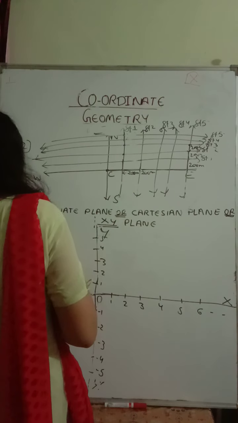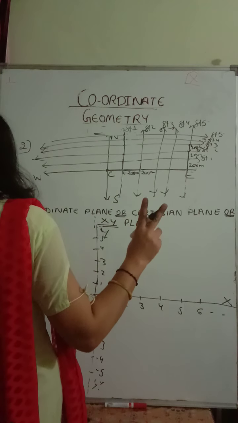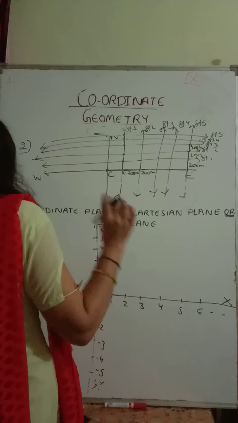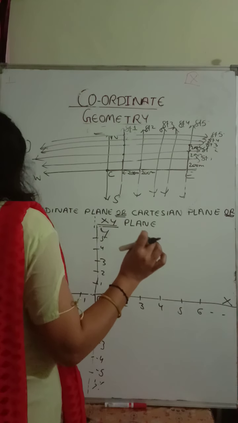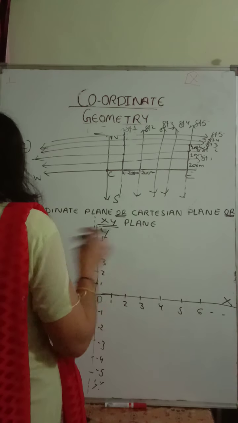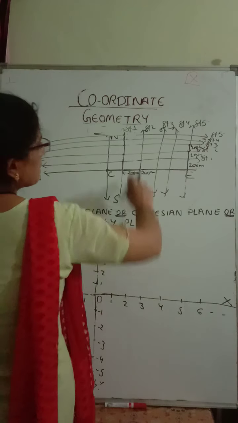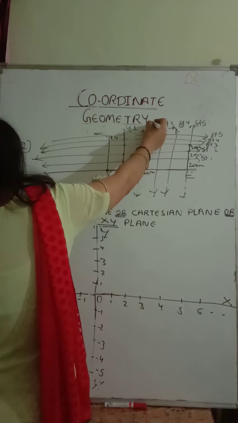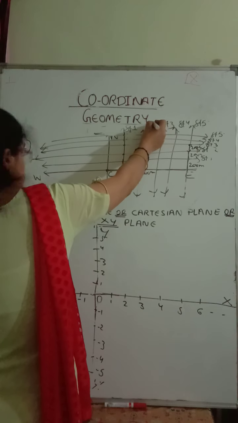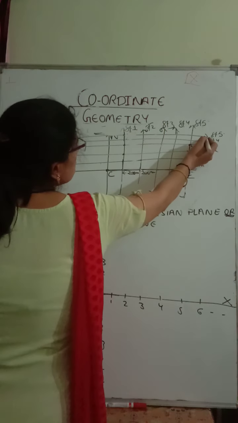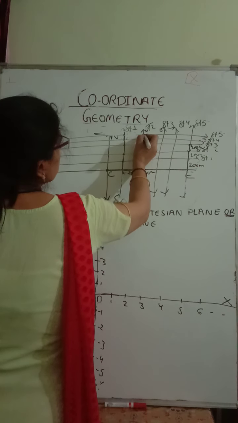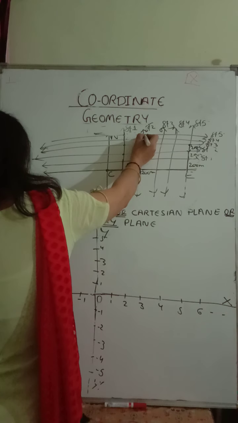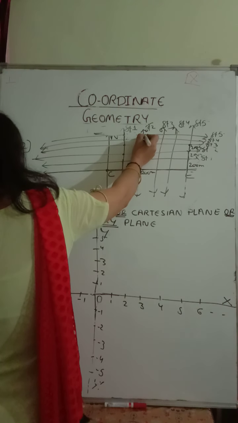A particular cross street is made by two streets, one running in north-south direction and another in east-west direction. Each street is referred to in the following manner. If second street is running in north-south direction and fifth street in east-west direction, second and fifth, that point comes.